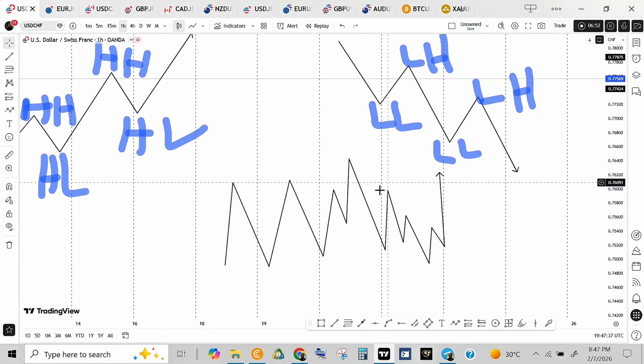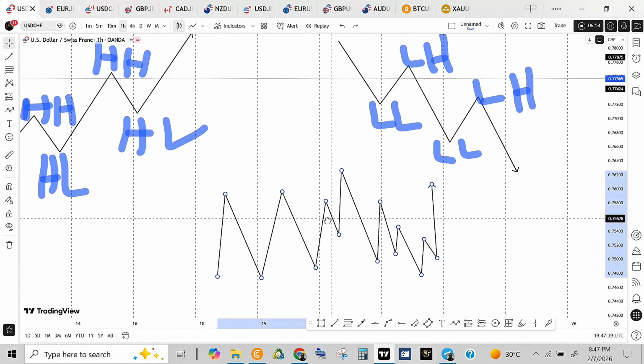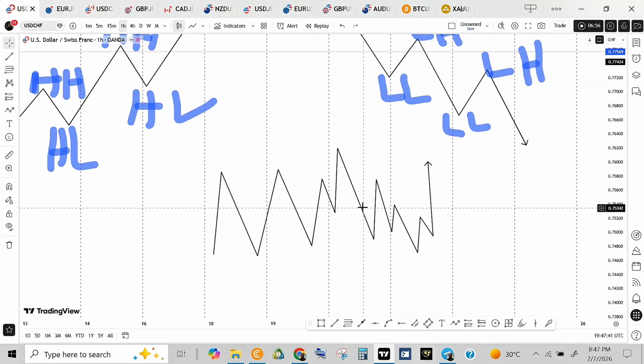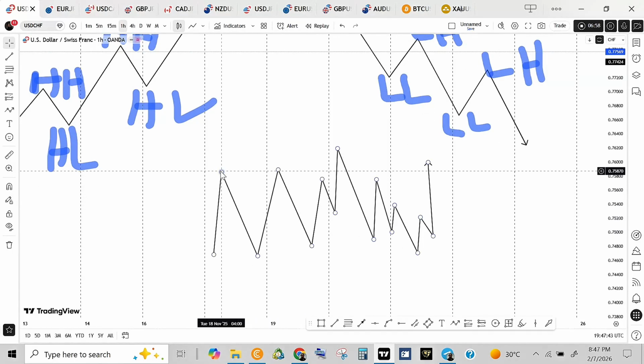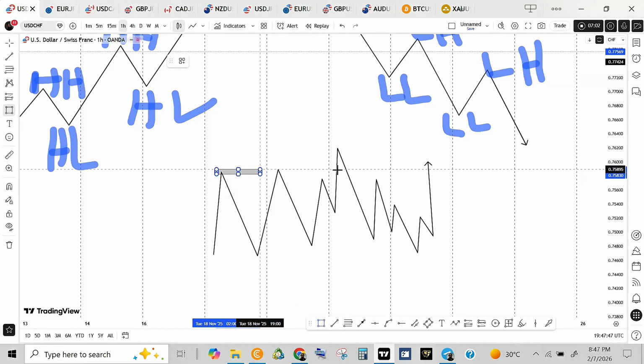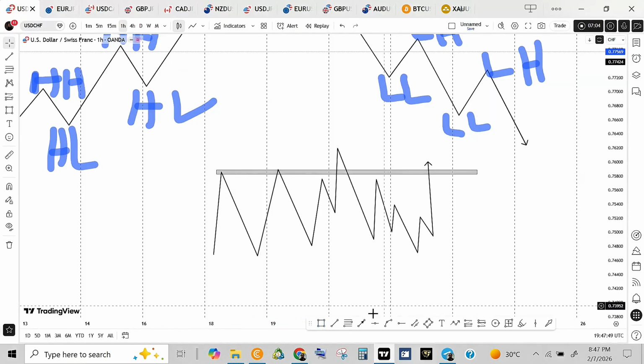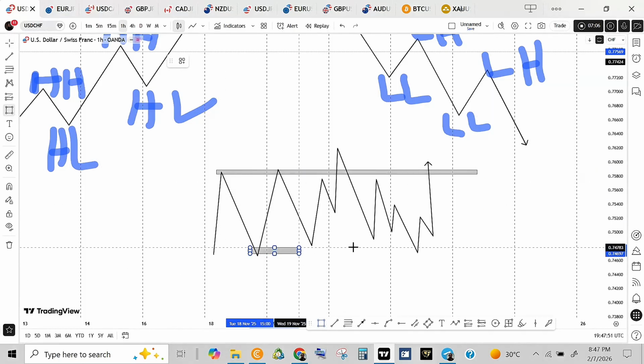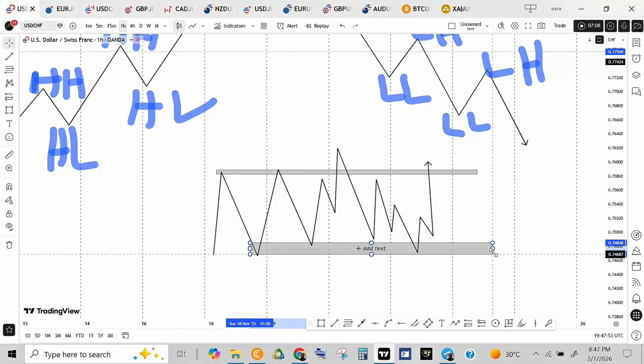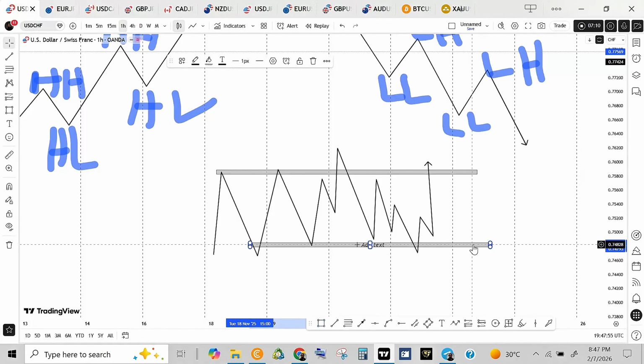So anytime you see any market doing this, it's not making highs, it's not printing precise highs, as you can see. It's just doing something like this, something like this.